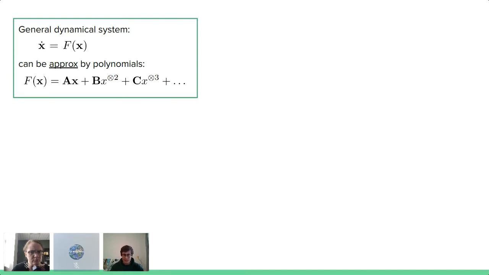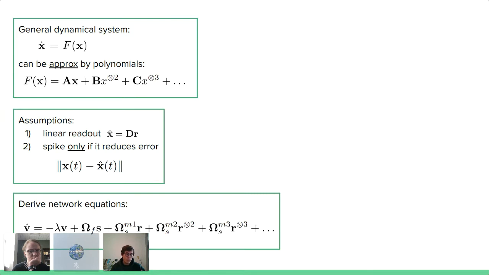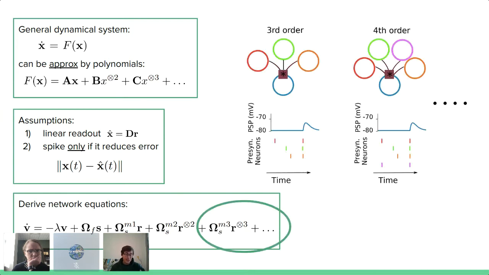So again, starting from a polynomial dynamical system of any order and under the same assumptions as before, we expanded on our previous derivations and found a solution that essentially requires higher order multiplicative synapses. This means, as you can see in these schematics here, that you essentially need synapses that can sense 3, 4, or even more coincident presynaptic neurons that spike together.